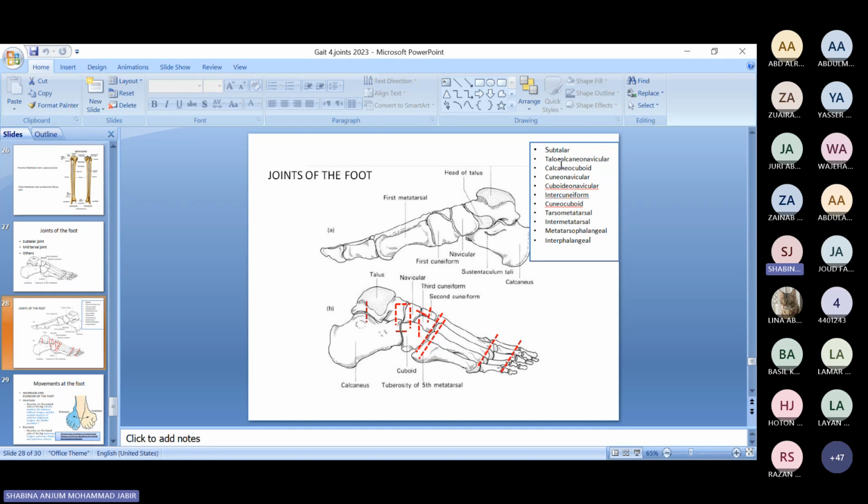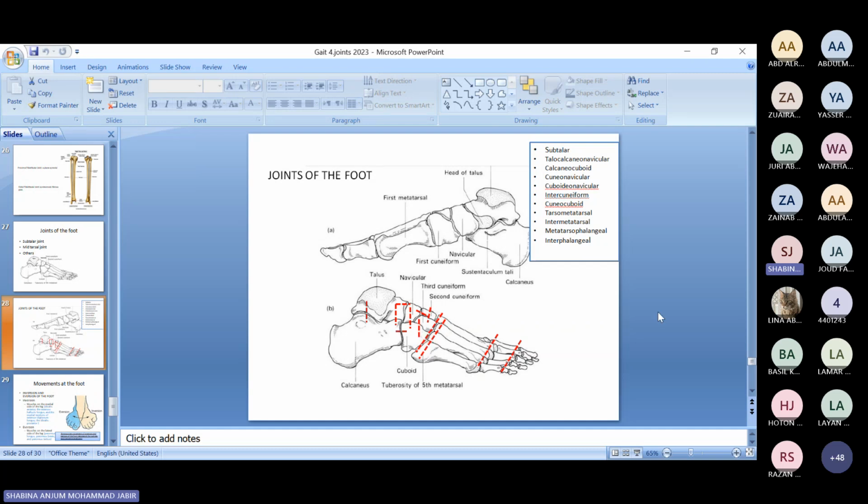Then other joints you can name, like cuneonavicular, intercuneiform, tarsometatarsal, intermetatarsal, metatarsophalangeal, and interphalangeal. They are not very important; you have already studied this in the upper limb.